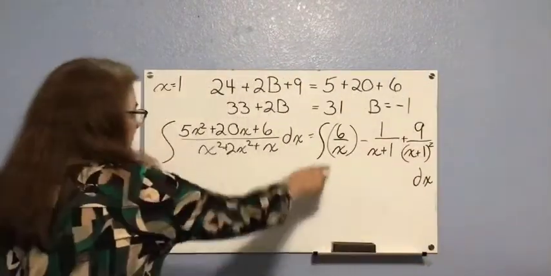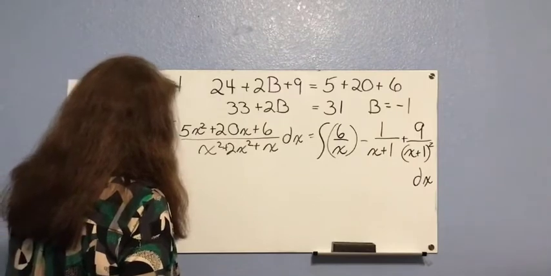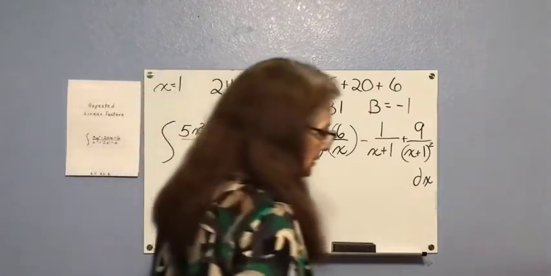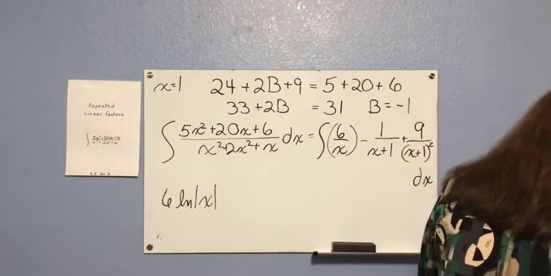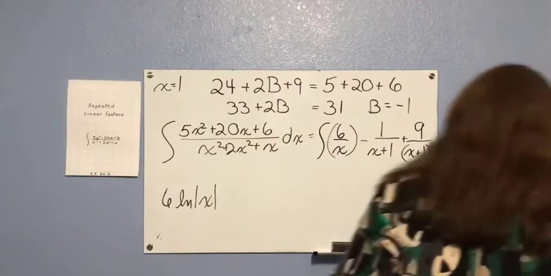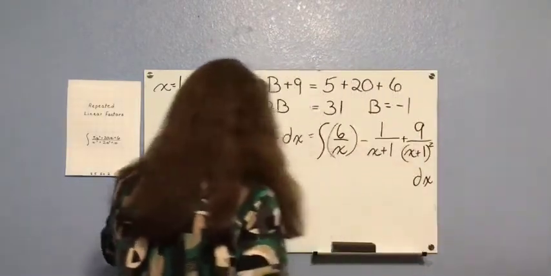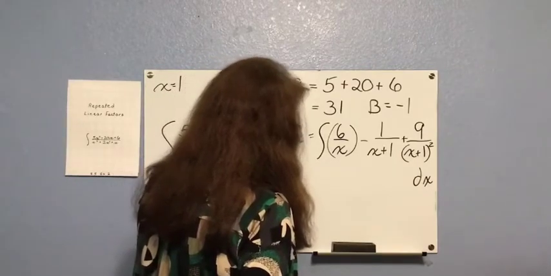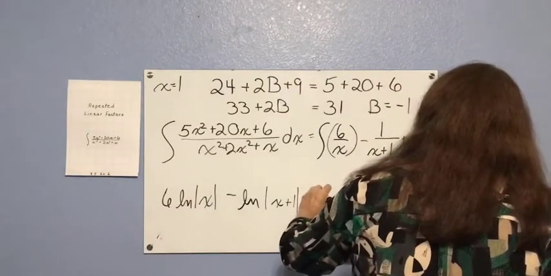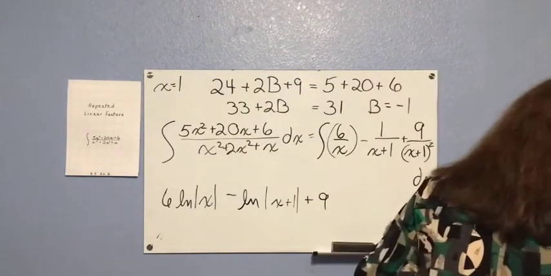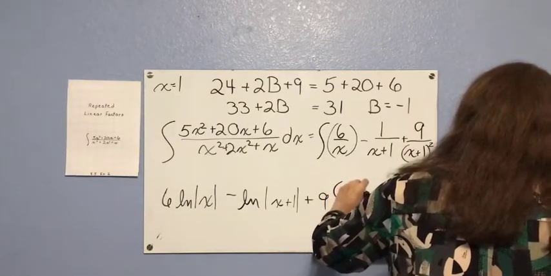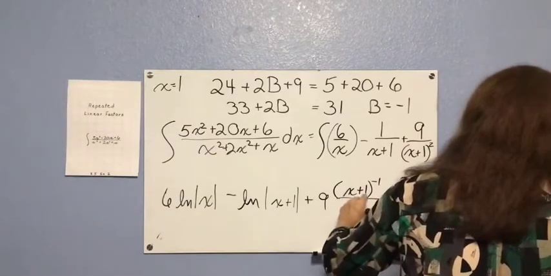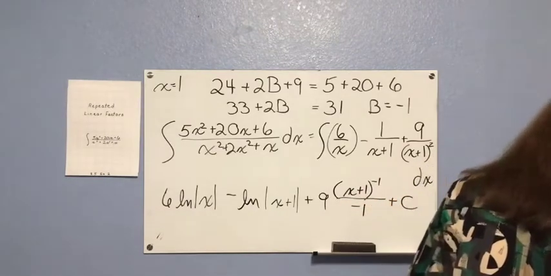When I integrate this, I'm going to get 6 times the natural log absolute value of x minus natural log absolute value of x plus 1 plus 9 times x plus 1 to the -1 over -1 plus a constant.